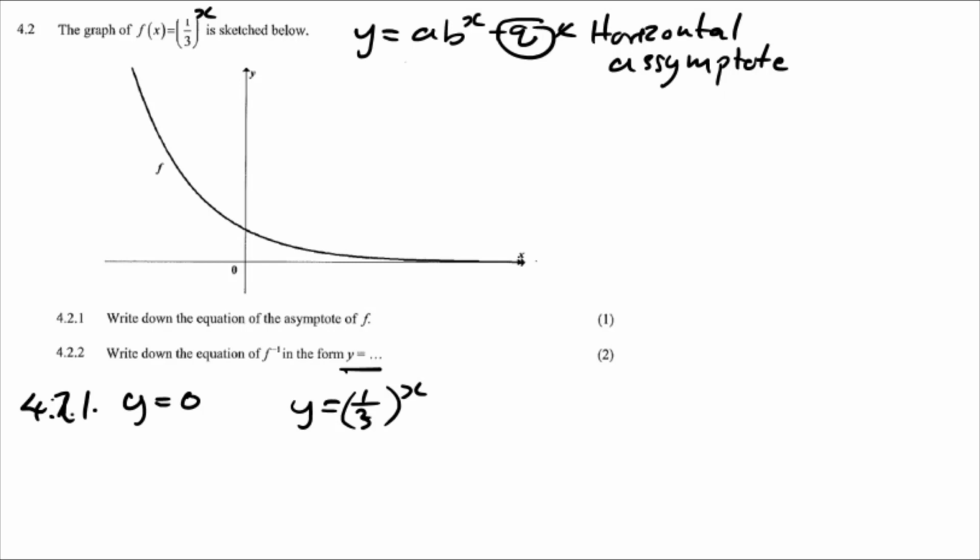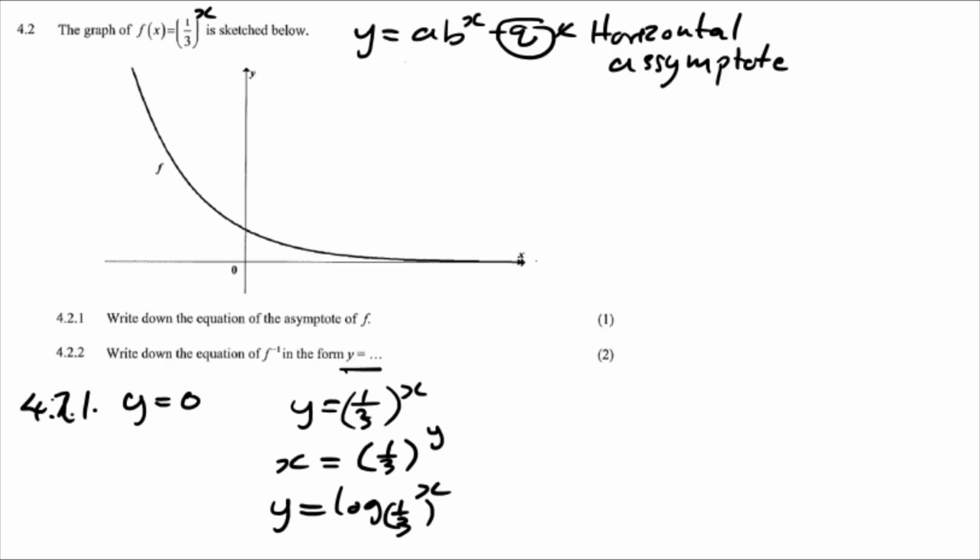So now what we need to do first is to swap the x value and the y value. So here's x is equal to 1 over 3 to the y, and for us to write this in the form y, we need to use logs. So y is equal to log 1 over 3, let's just put this in the bracket, x. So the function is log 1 over 3 of x.